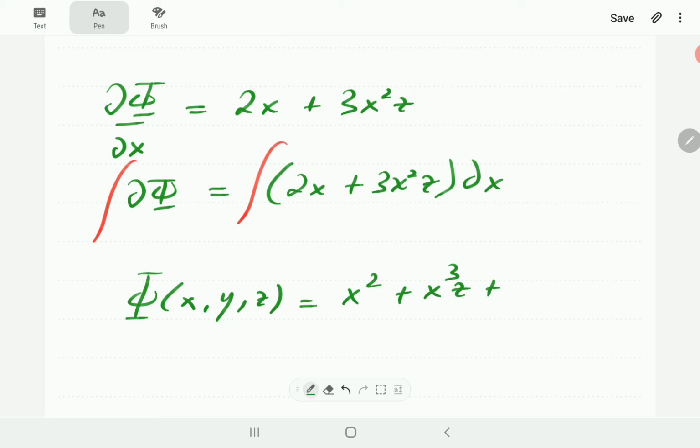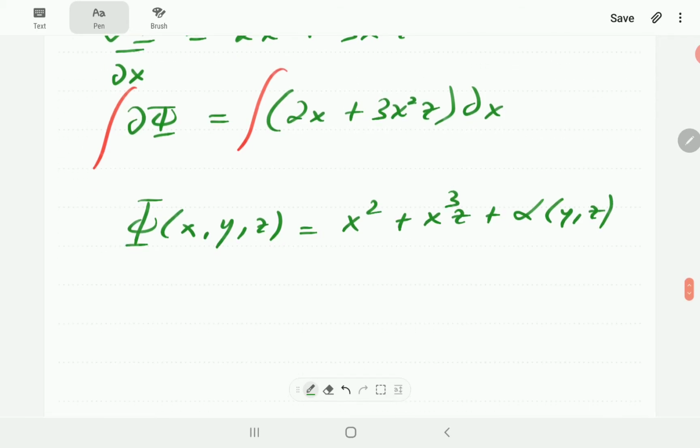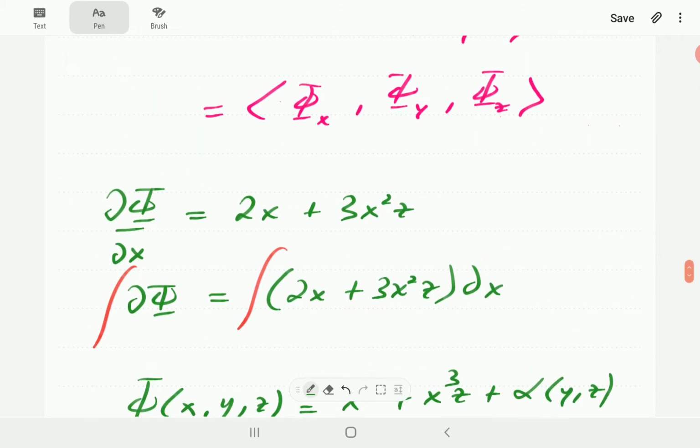Then instead of plus a constant, we're going to have a function when we're integrating partially. So here we've just integrated with respect to x, so the arbitrary function could be a function of y and or z. So we're going to say plus alpha, which is a function of y and z. So that is phi, but it is not fully determined.